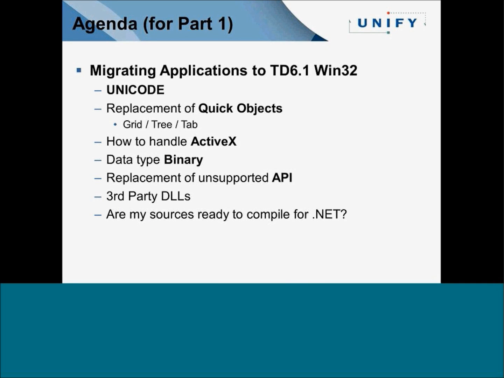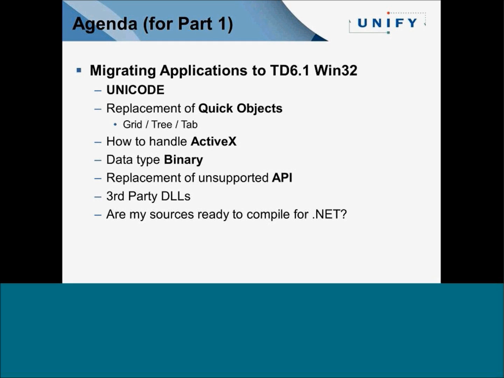So we have to talk today about Unicode. We have to talk about replacements for quick graph, quick objects like grid, trees, and tabs. And we have to talk about how to handle ActiveX controls, because maybe a lot of you are using ActiveX controls in your application and you want to reuse them on .NET. We have to talk about the data type binary, because it was introduced in Team Developer 5X to really split text and character-based information and data from binary data.